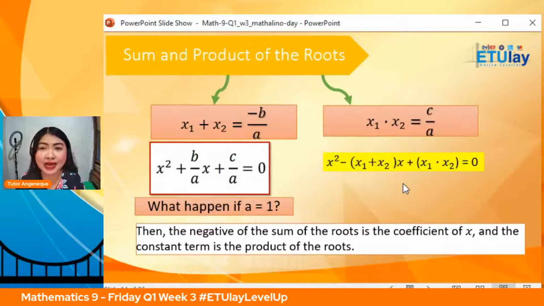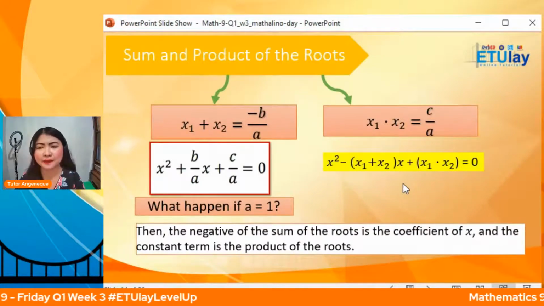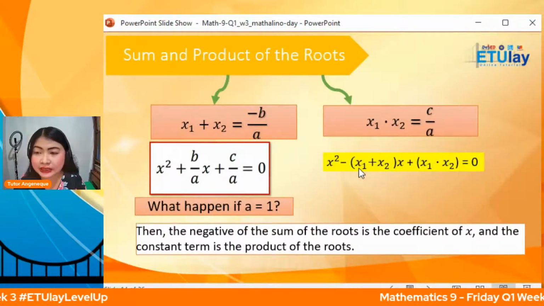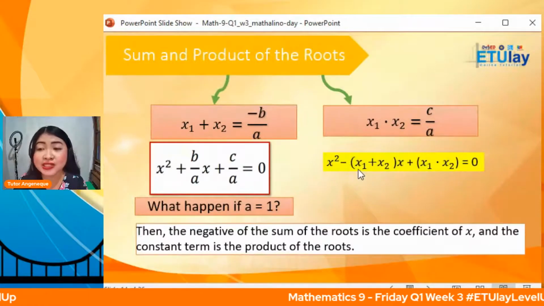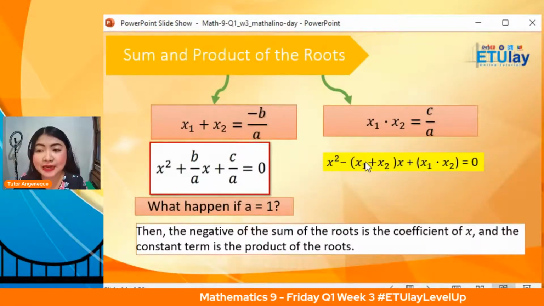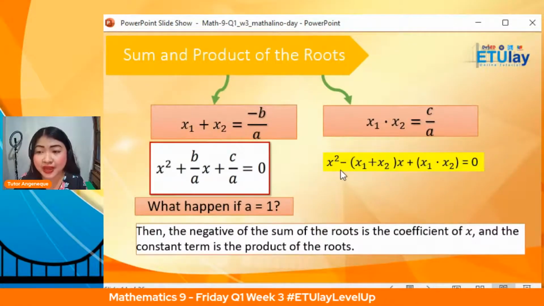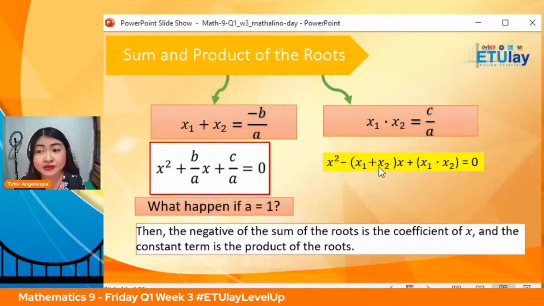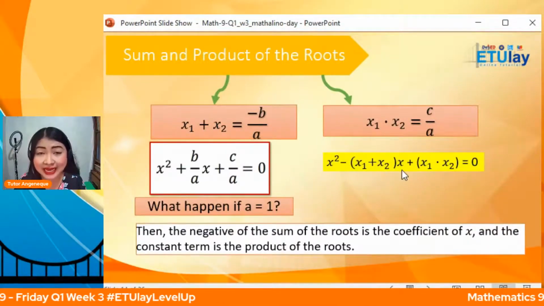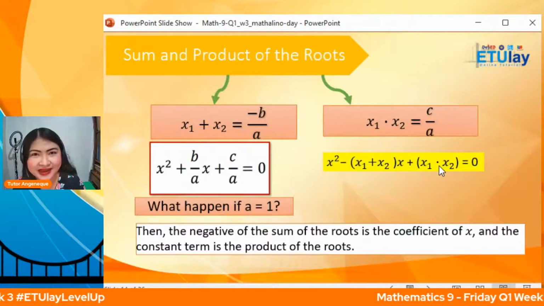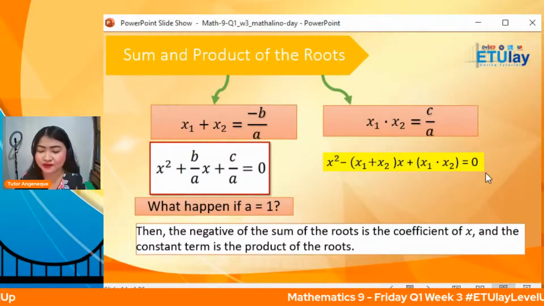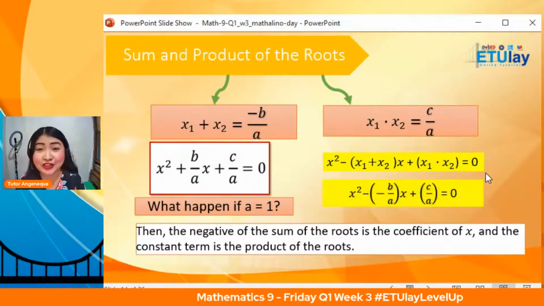Okay? Eto lang. Pasimplihin natin. So, ibig sabihin, kapag given yung sum, ilalagay nyo siya dito in the middle term. x squared minus the sum and then x plus the product equals 0. Okay? So, ganun siya.